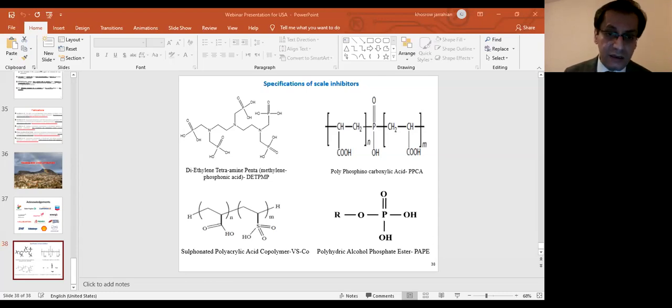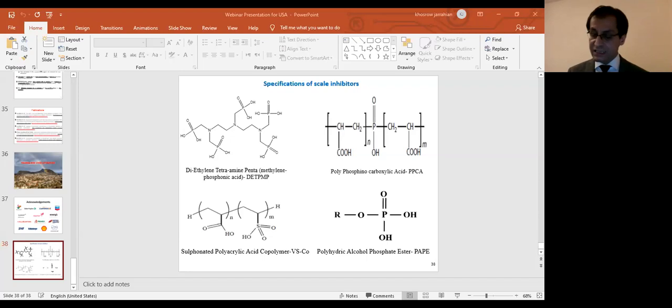And another question: in what conditions are scale inhibitors not effective and we can see the scales? So I can give you an example. Imagine that you have squeezed a scale inhibitor, but this scale inhibitor doesn't have good retention properties.